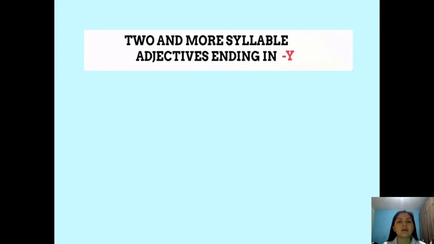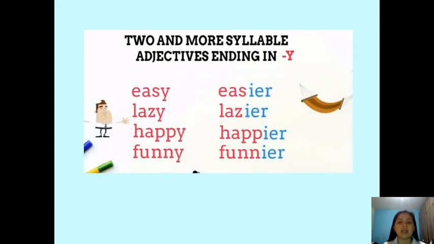Let's continue. Two and more syllable adjectives ending in Y. For example, we have easy, lazy, happy, funny.